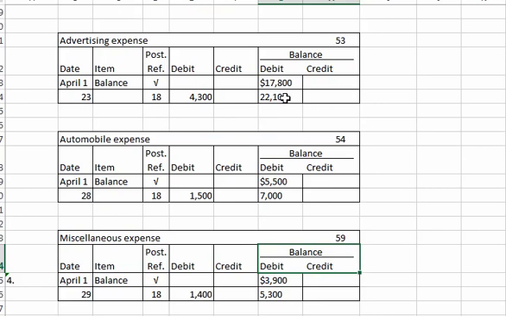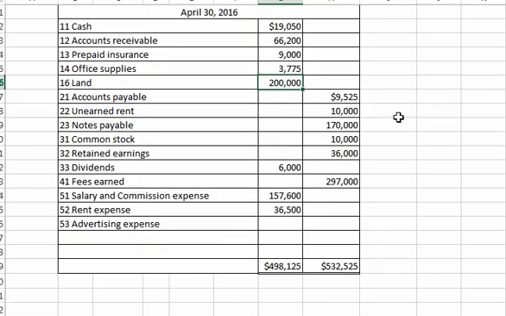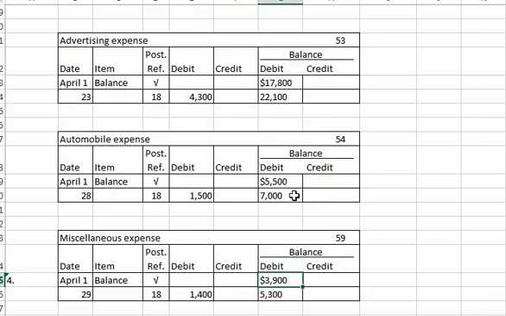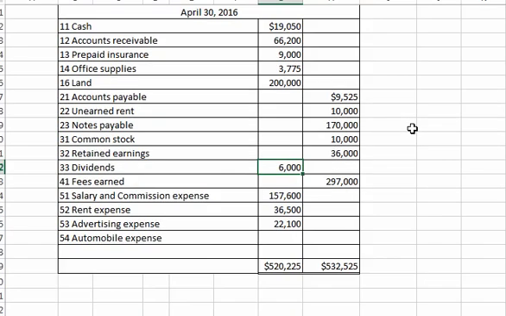Its balance $22,100. And 54 is automobile expense. The debit balance for $7,000.